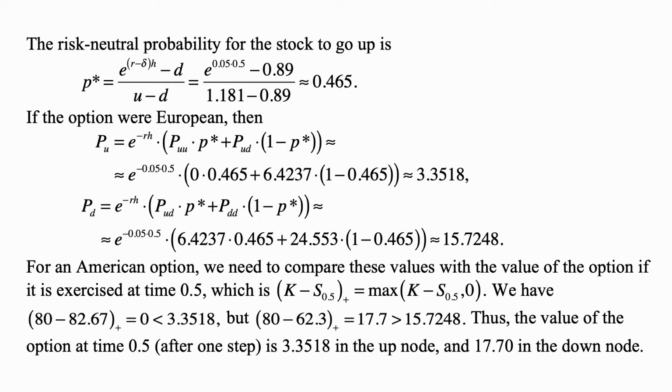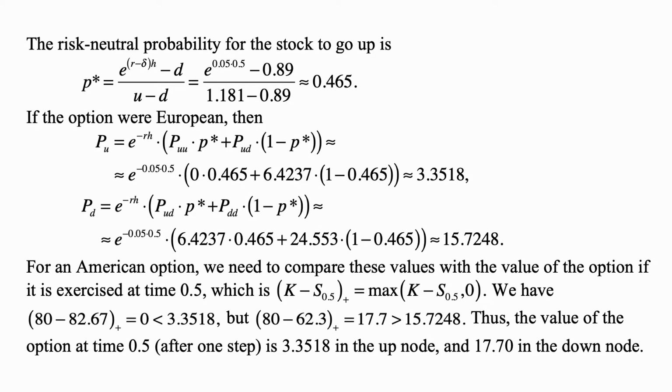The risk-neutral probability for the stock to go up is (e to the (r minus delta) h minus d) over (u minus d). That turns out to be approximately 0.465. If the option were European, then the value of the put in the up state would be the expected present value, discounted over one period, under this risk-neutral probability.